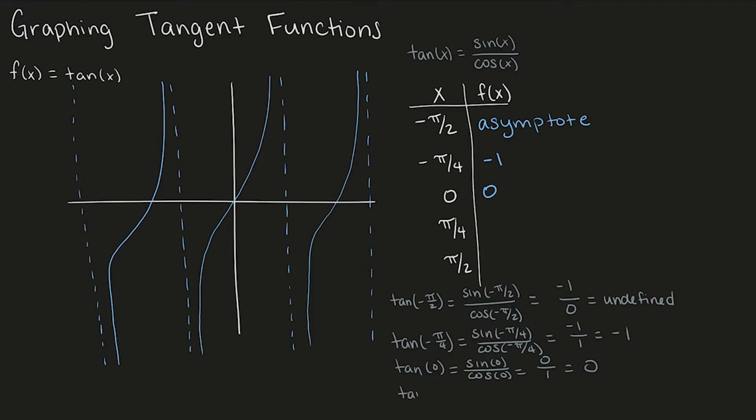Tangent at pi over 4 is sine pi over 4 over cosine pi over 4, which is 1 over 1. That's equal to 1. And lastly, tangent of pi over 2, similar to negative pi over 2, is going to be undefined, which means we have another asymptote there.